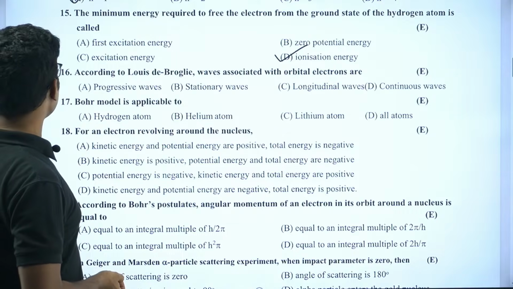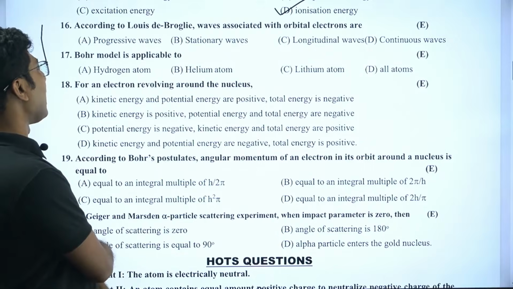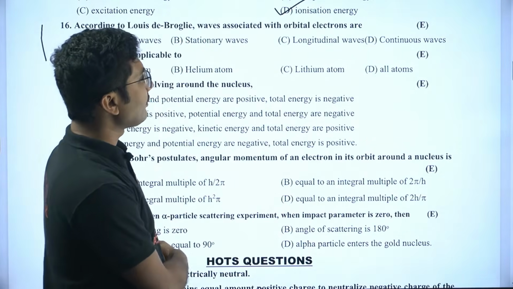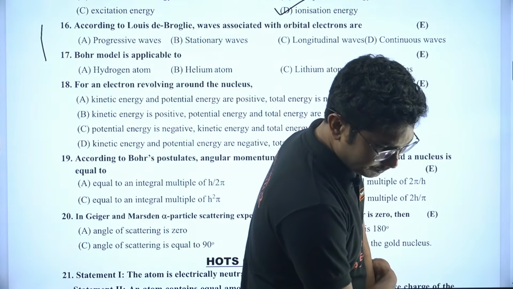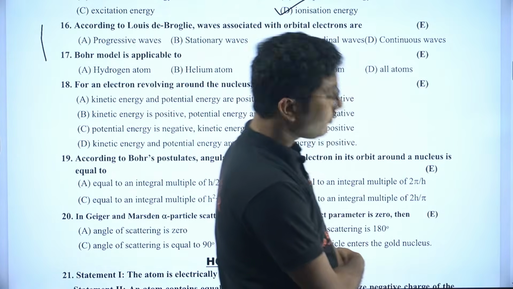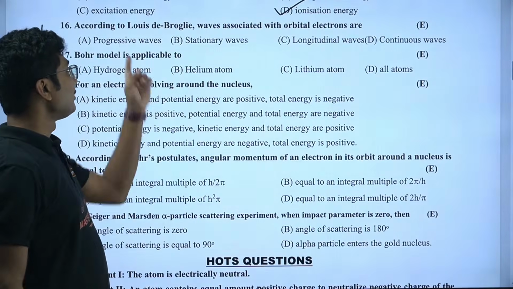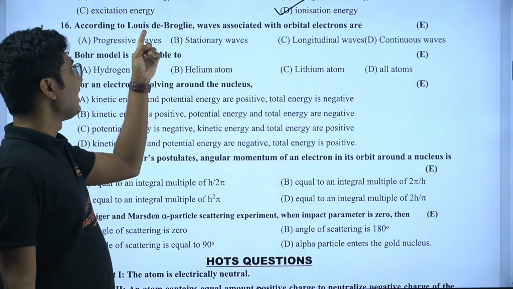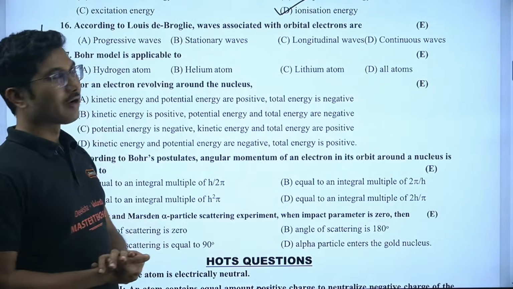According to Louis de Broglie, waves associated with orbital electrons are: progressive waves, stationary waves, longitudinal waves, or continuous waves? Now let's see. According to Louis de Broglie, this S remains silent. He is French, so de Broglie.